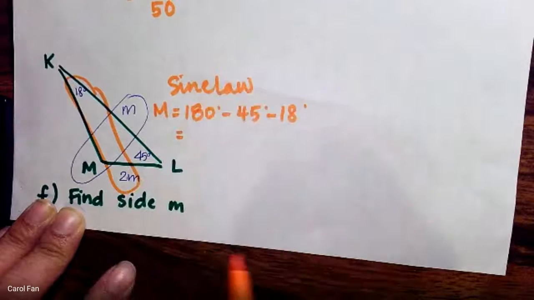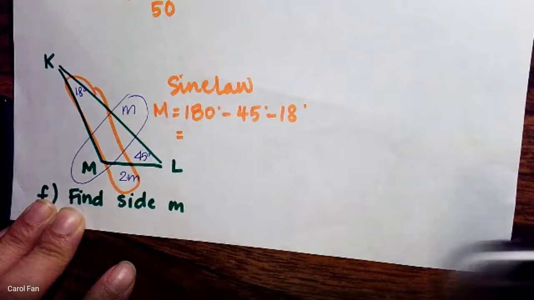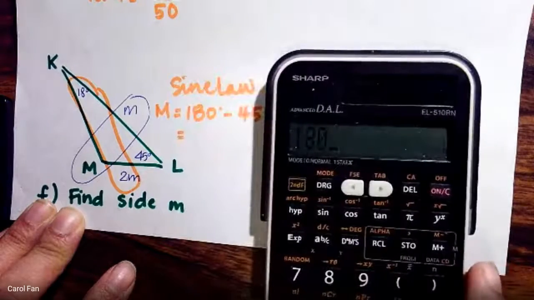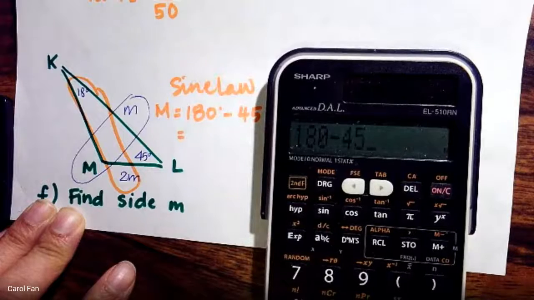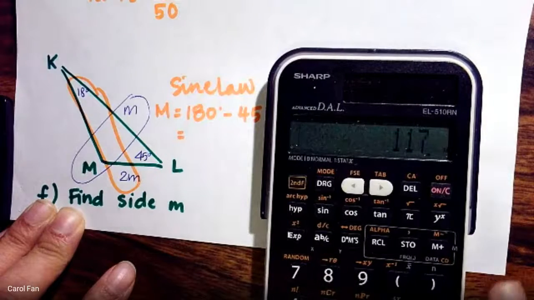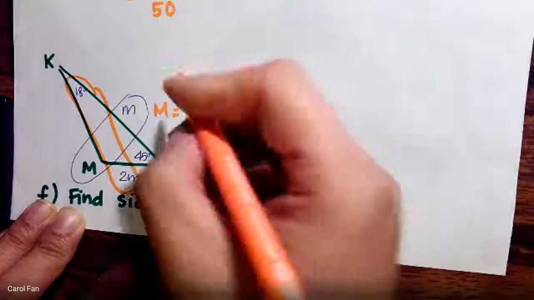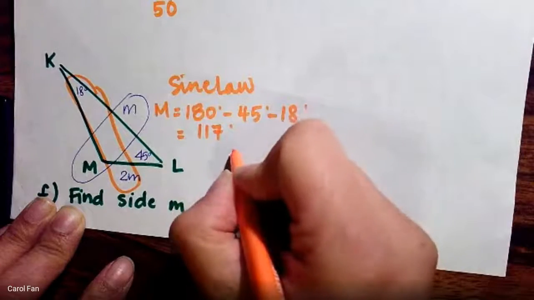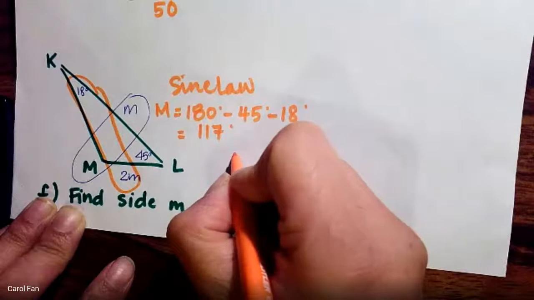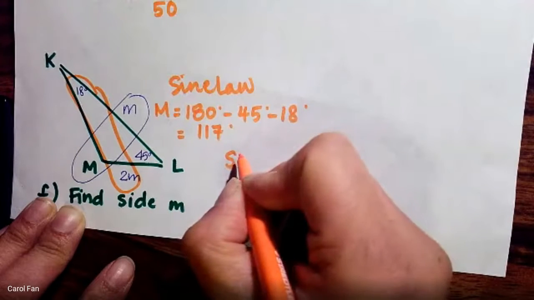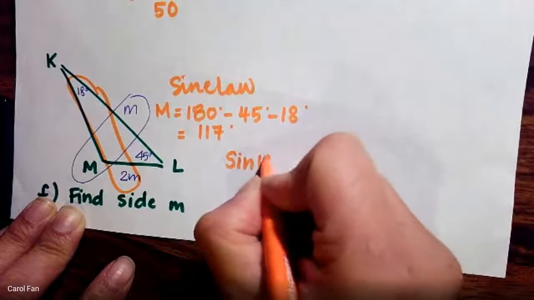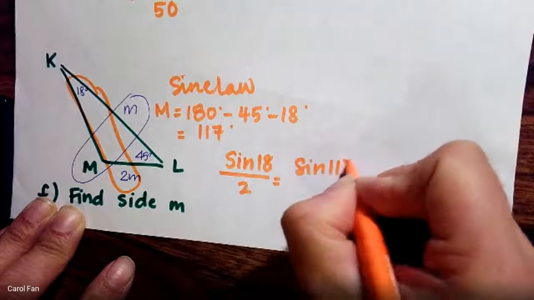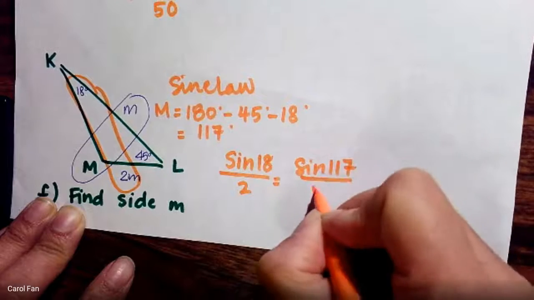So m is equal to 180 minus 45 minus 18, and we get 117 degrees. Now let's substitute that in for our m. So I have sine 18 over 2 is equal to sine 117 over little m.